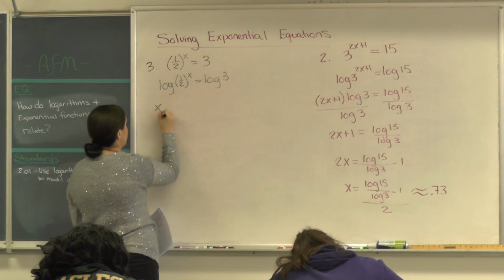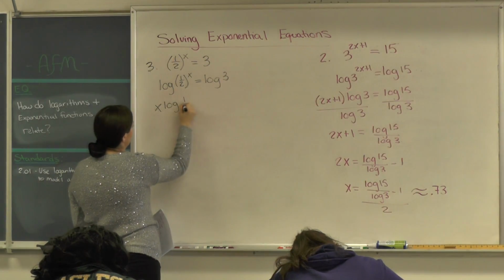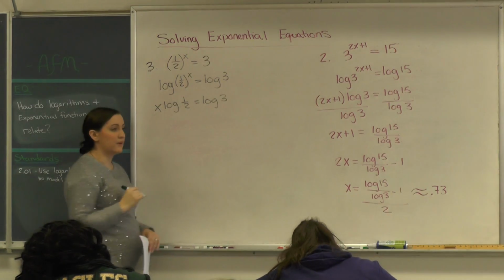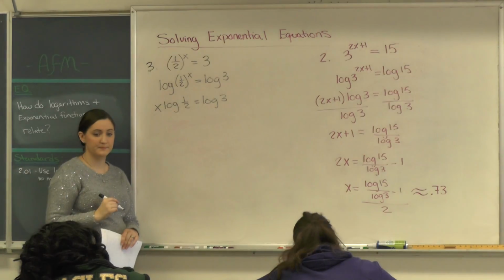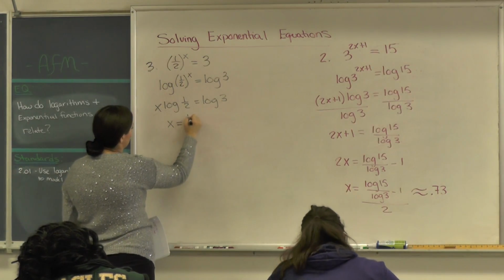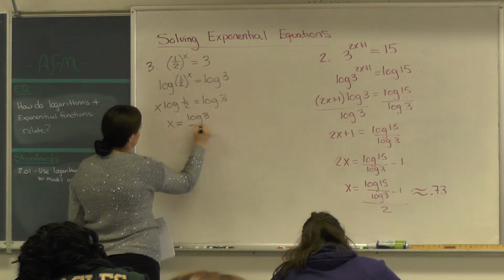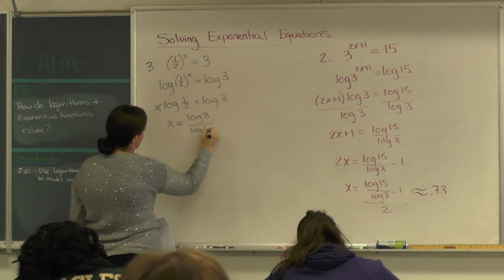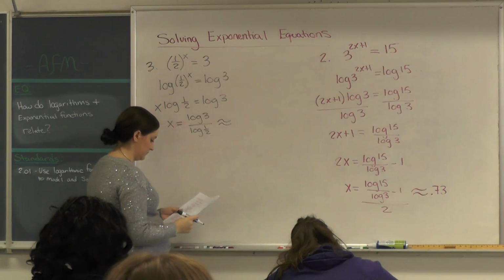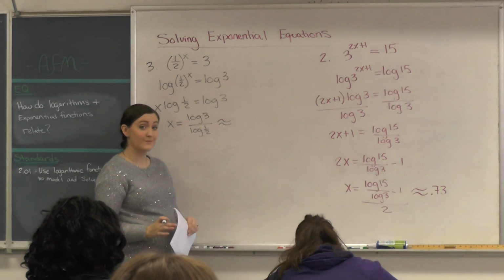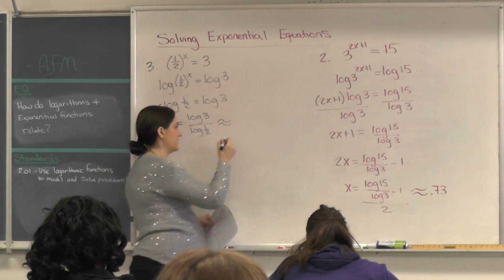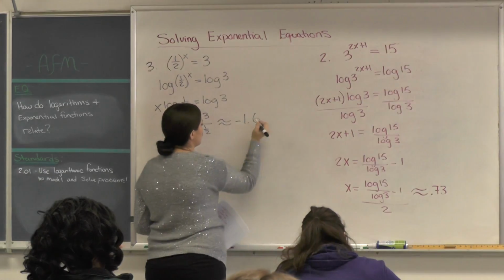It comes out front. How do I solve for x? Divide by log of 1/2. So that is approximately negative 1.6.